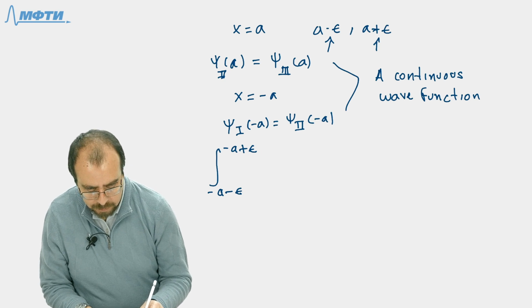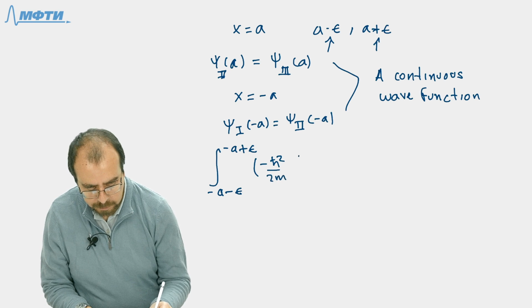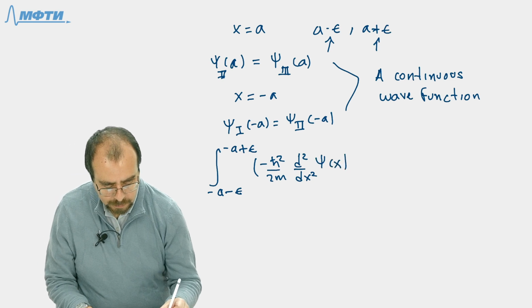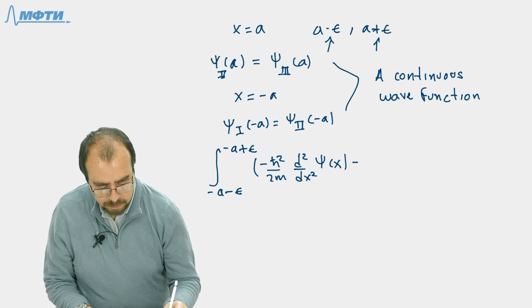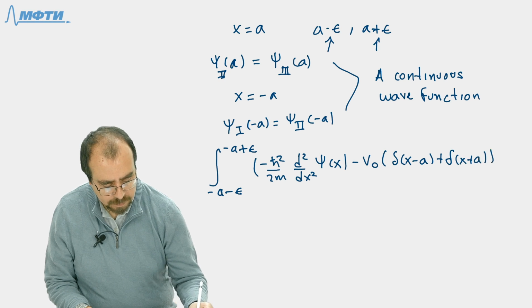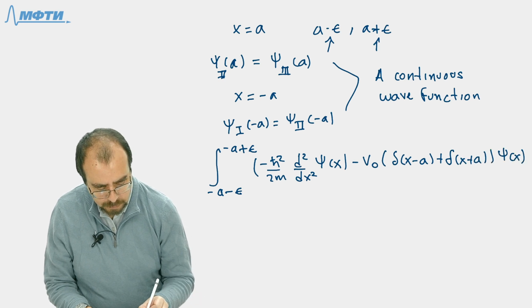So we'll have the integral of minus h over m, the second derivative with respect to x squared of psi of x, minus b0 times delta of x minus a plus delta of x plus a times psi, and this is equal to the energy times psi of x.